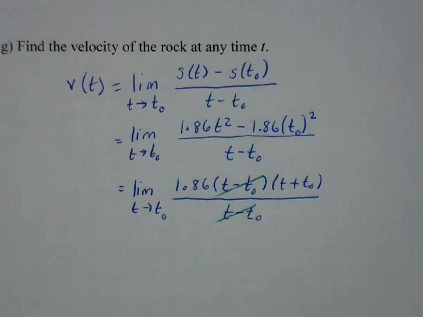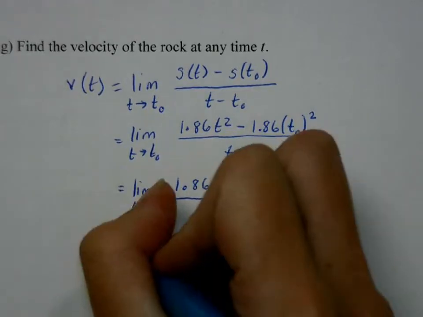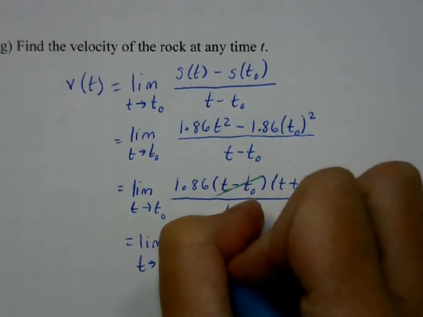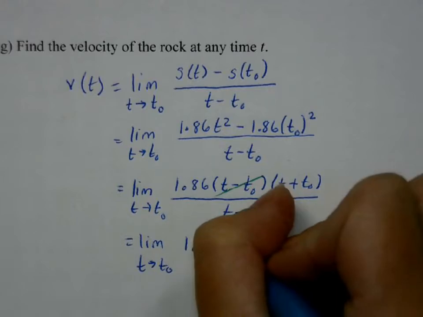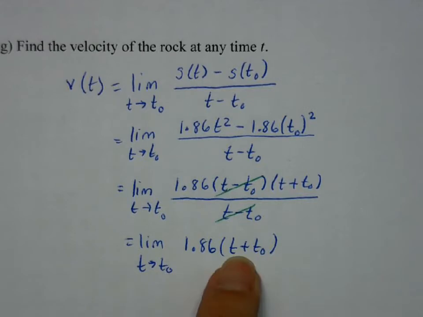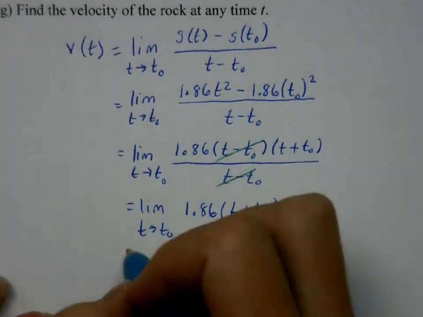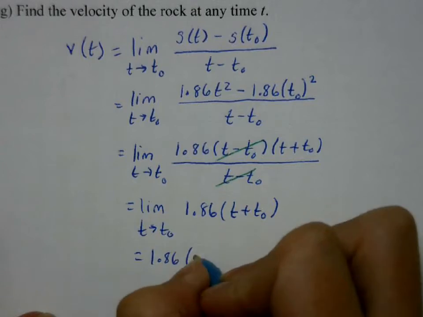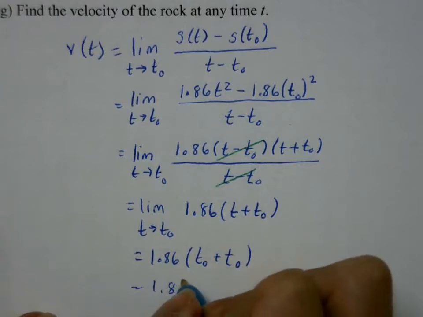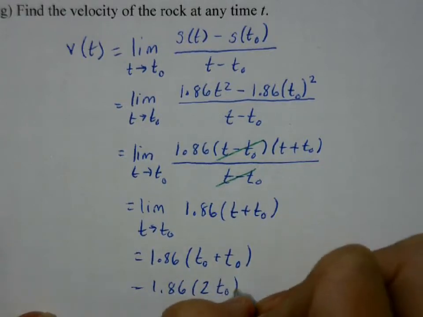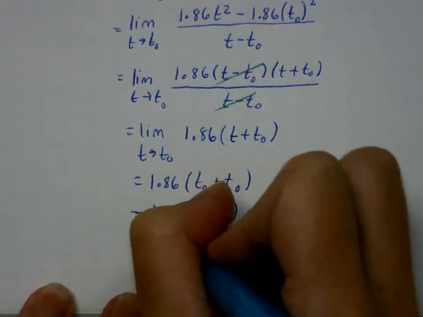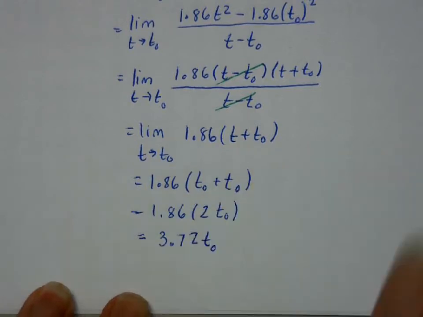So we're left with 1.86 times t plus t naught. So we're going to replace this for the t. So 1.86 times t naught plus t naught. This is 1.86 times 2 t naught, which is 3.72 t naught. And that is the rate of the velocity at any given point t naught.